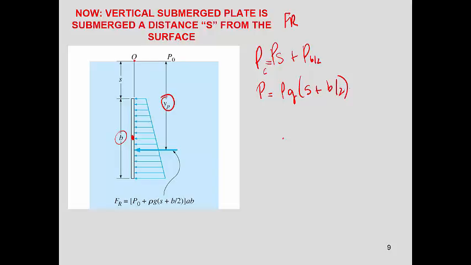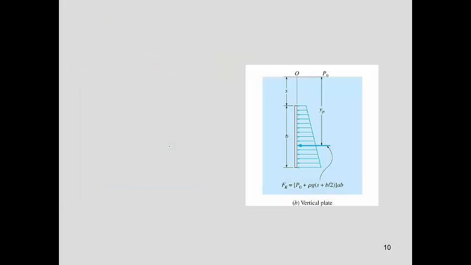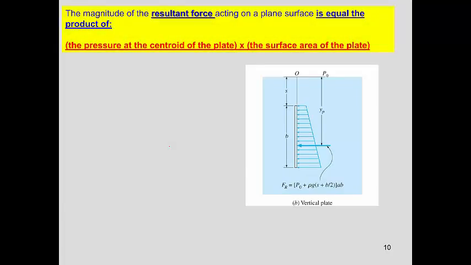So the force, the resultant force, would be that pressure times the area of the plate. Let's say that this is b and has a width a. The location of that force, the pressure point, is different. It is located in a different place, and we'll see how you can calculate that. Okay, so the magnitude of the resultant force is equal to the product of the pressure at the centroid of the plate times the surface area of the plate.